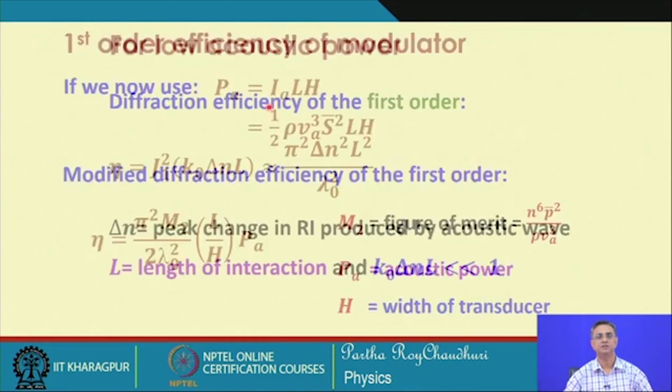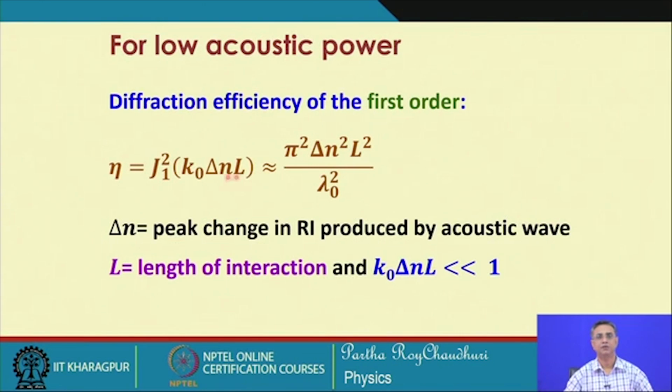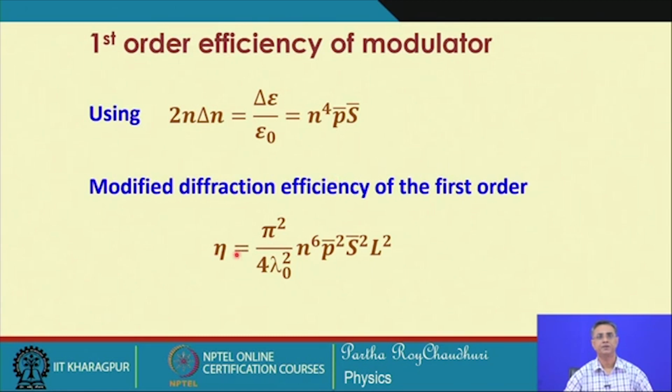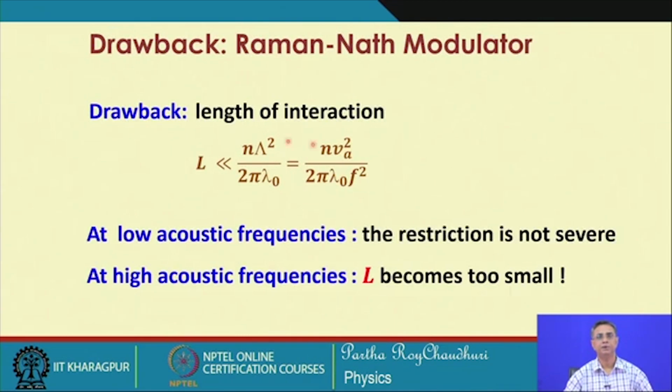This is for the case when the acoustic power is low, and we have seen how we can approximate the diffraction efficiency as this. The drawback of using this system is that the length of interaction L comes from here. At low acoustic frequencies, this restriction is not severe, but at high acoustic frequencies L becomes very large.